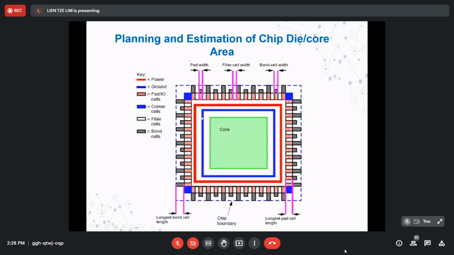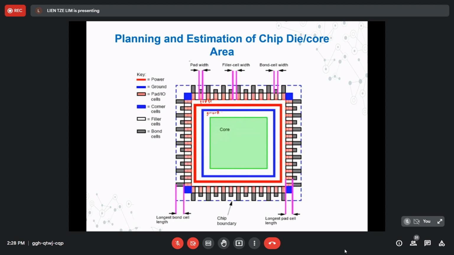And others, like this blue line, this is actually the ground strap. If you refer to this one, it already indicates this is the ground, this one is power, this is ground.